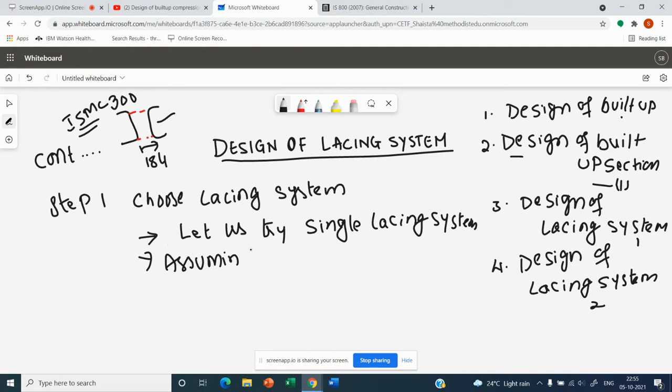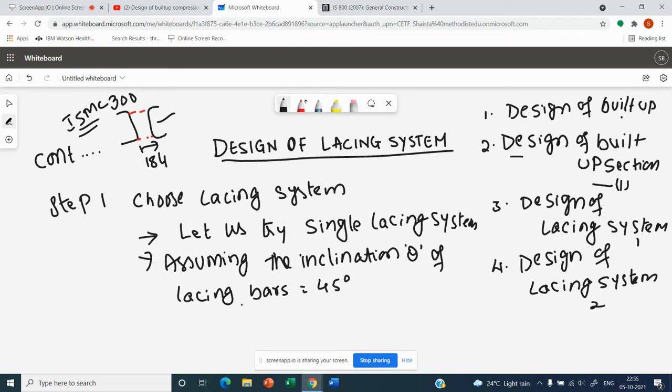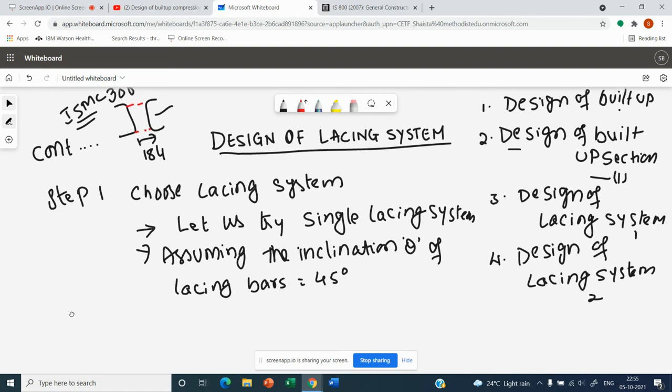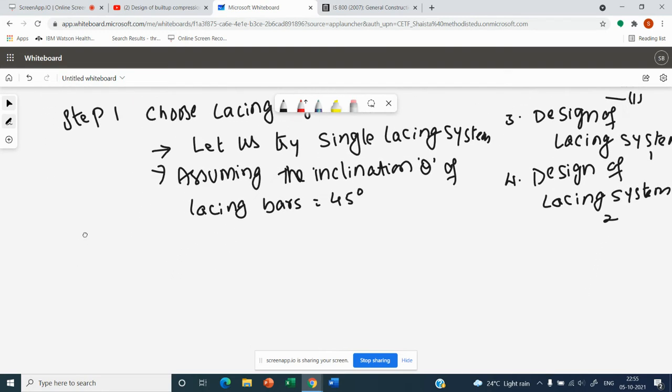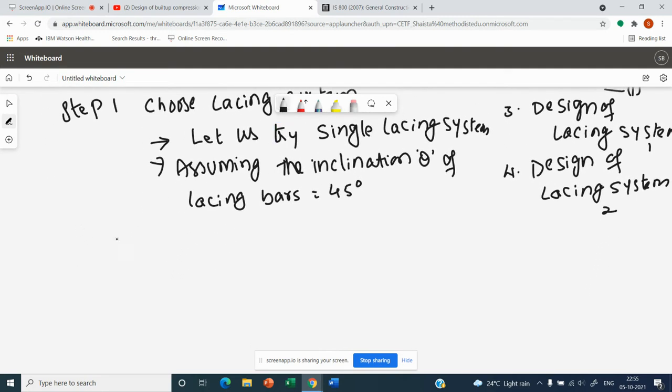So assuming the inclination theta of lacing bar, let us go for 45 degrees because tan 45 will be easy to work with. So that's our step 1 completed. If you follow the steps, within no time you can complete the design of lacing system.